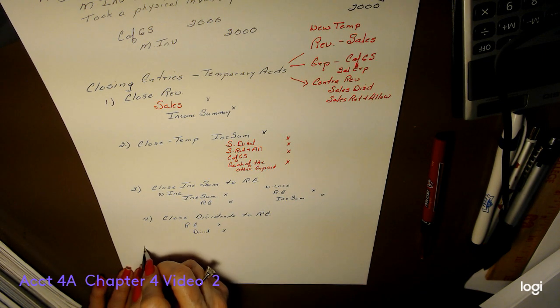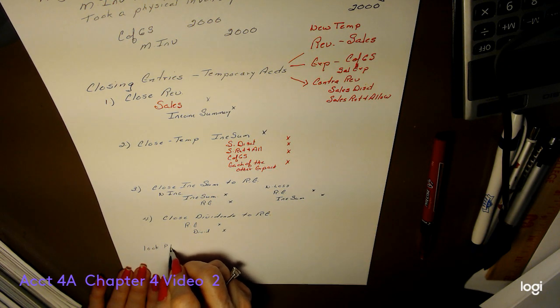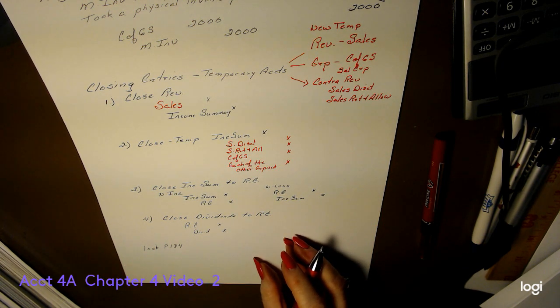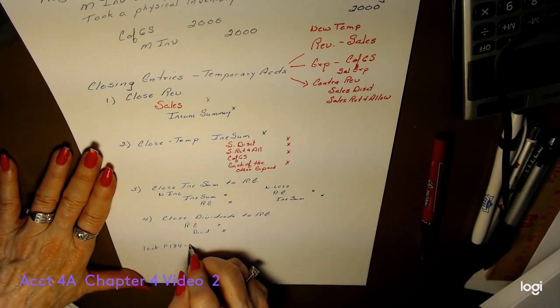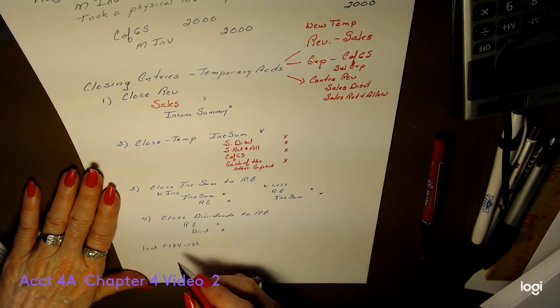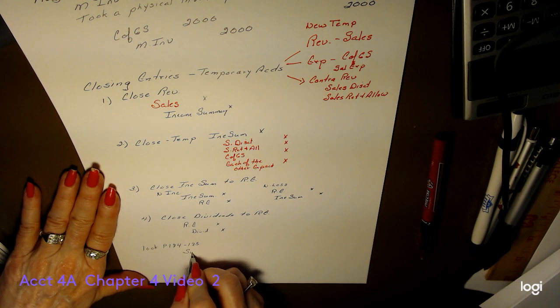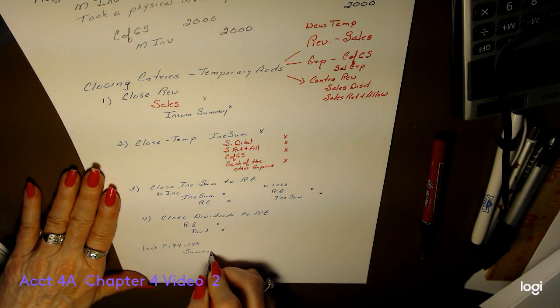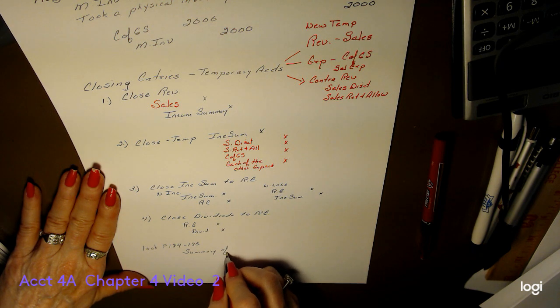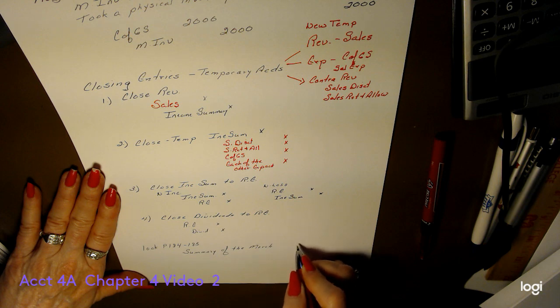And if you want to look at basically page 184, that is the place in the book through 185 where we are basically showing you a summary of the merchandise entries.